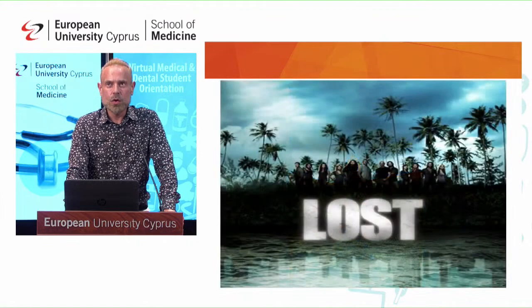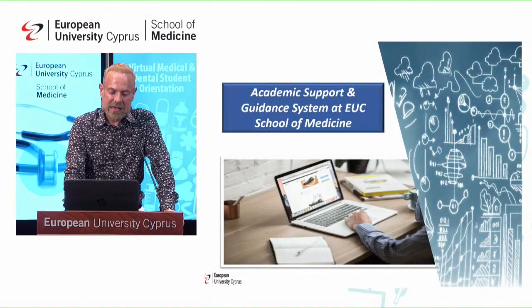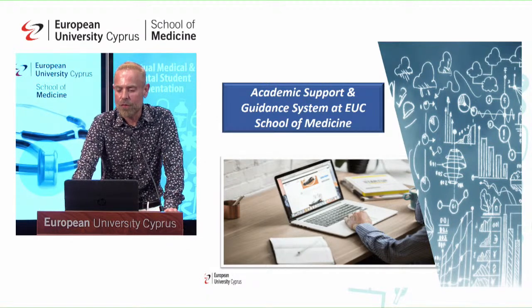But I want you to know that you are not lost. We are here, and there is a support system here ready to help you. And this system is the academic support and guidance system of the School of Medicine.